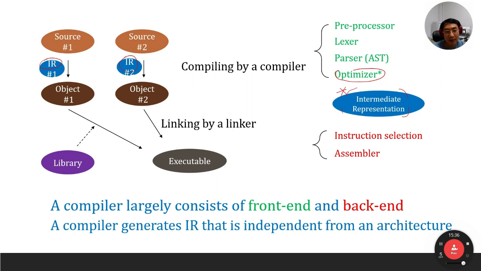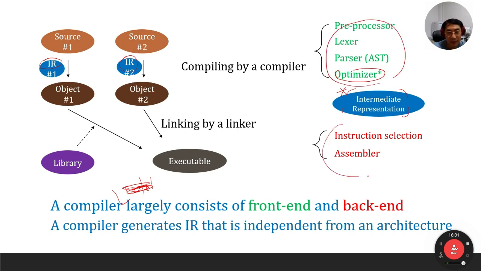So largely, a compiler toolchain, I have to say toolchain, the compiler itself consists of a front end: everything before generating the intermediate representation, until optimization. This is called the front end.